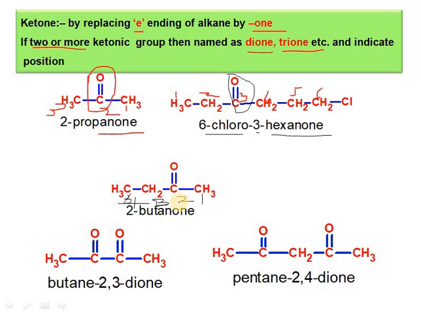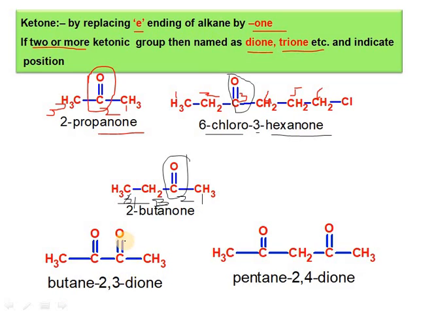So total carbon is 4, so butane is the parent name. Second position has the carbonyl carbon, and therefore 2-butanone is the IUPAC name for this structure.